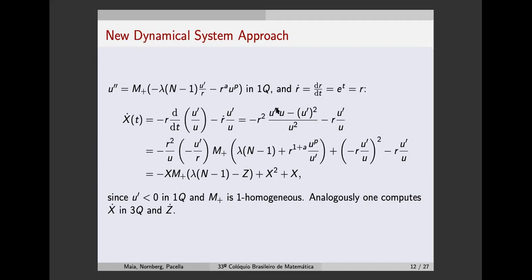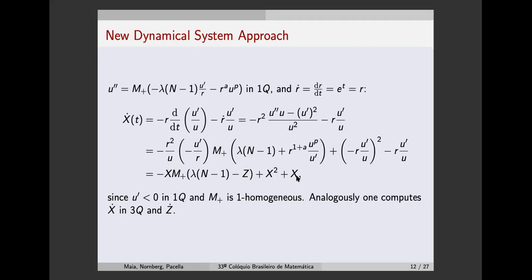Now we can substitute u'' by its expression, which is here. We substitute u'', and we put all these expressions in terms of x and z, and we obtain the equation x dot equals x times M in terms of z, plus x squared plus x.